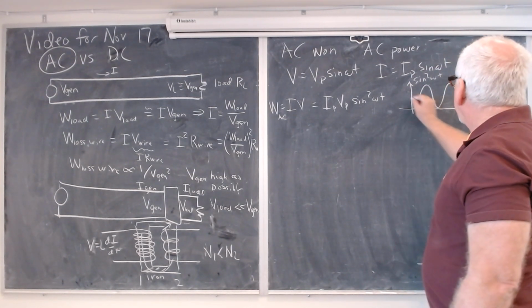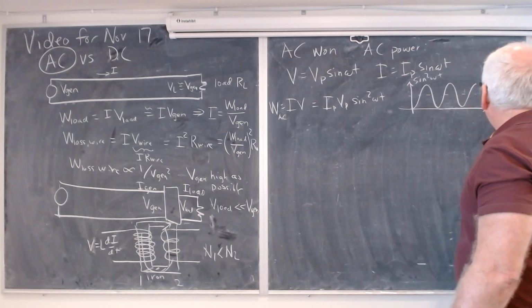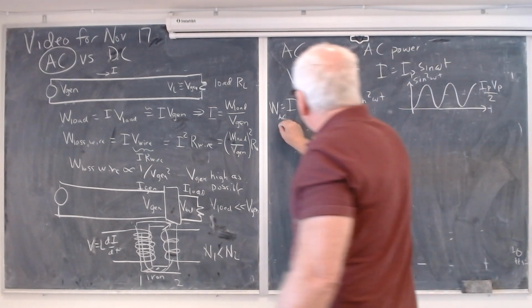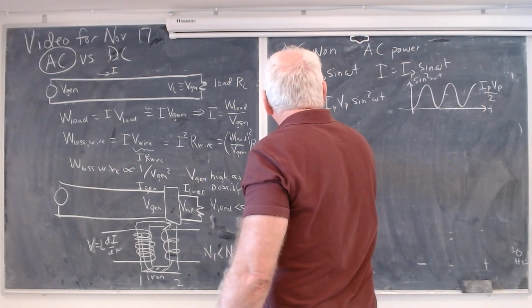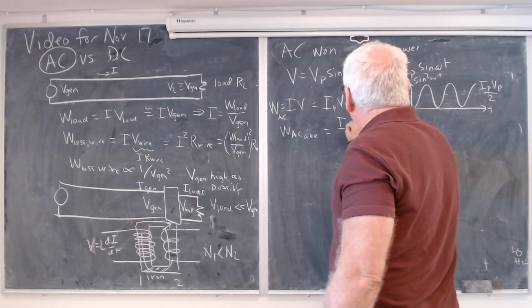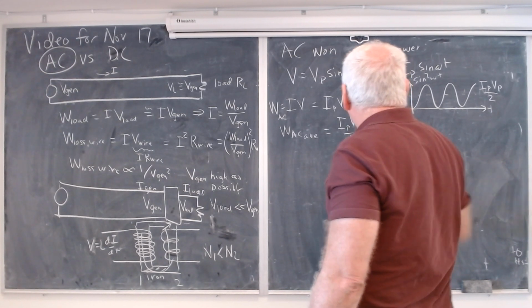All right, it has an average value of I peak V peak over 2. So W AC average is equal to IP VP over 2.